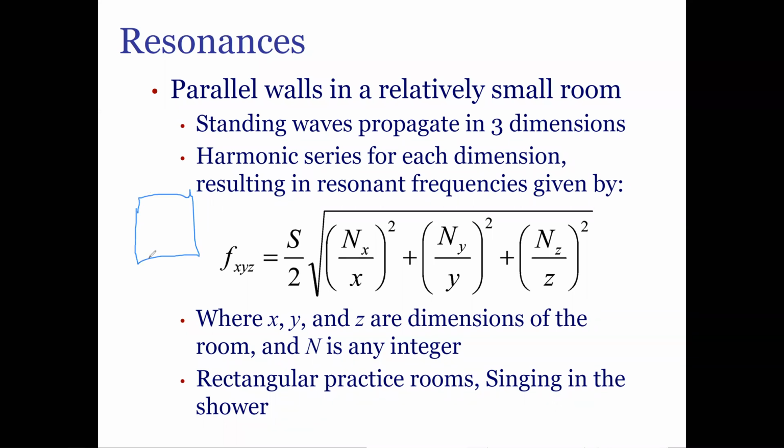But if I give this a little shape, now instead of these walls being rectangular, I don't get those surfaces. This is greatly exaggerated. Typically you don't need to make it very large, just need a little bit of variation from parallel to break up these resonances so you don't get standing waves forming in your room.